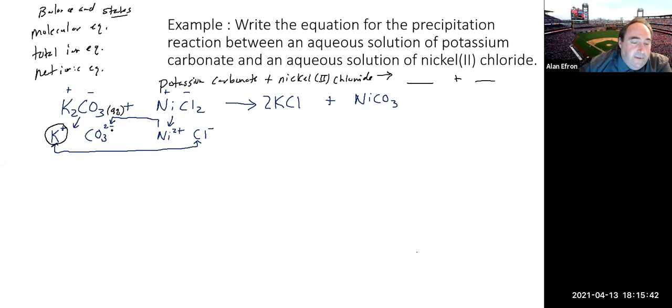That is always going to be aqueous. When I look at the next guy, the chloride is always soluble, except when it is with silver, lead, or mercury. And that is not the case here. So this guy as well would get the aqueous symbol.